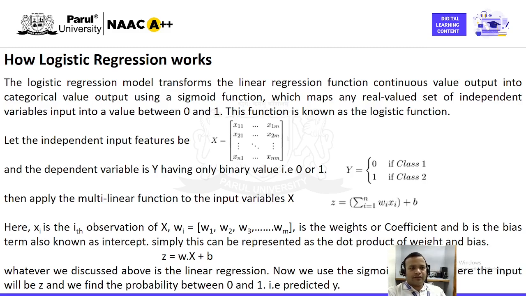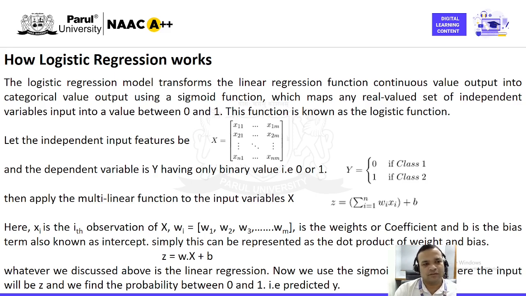So the model transforms the linear regression function's continuous value output into categorical value output. Continuous means real values, and categorical value output means classes.